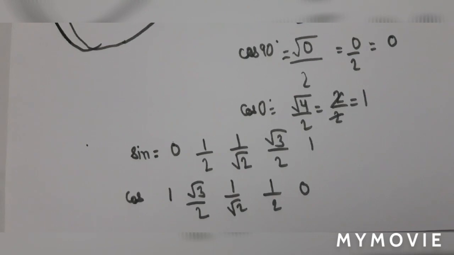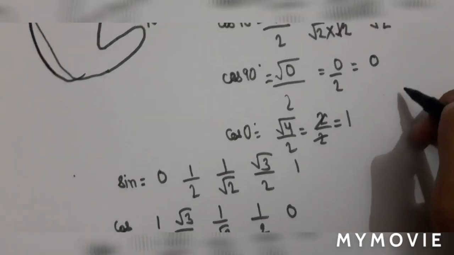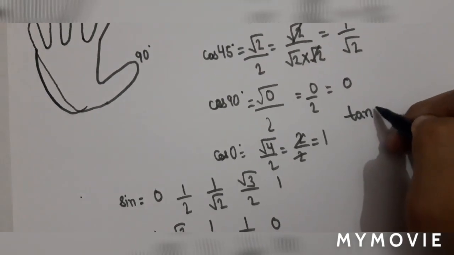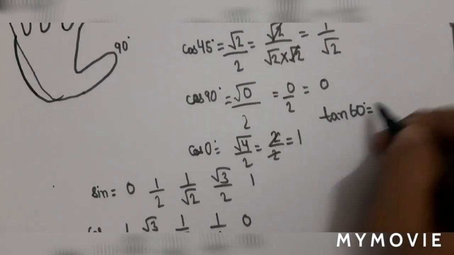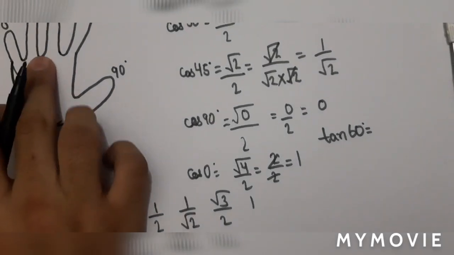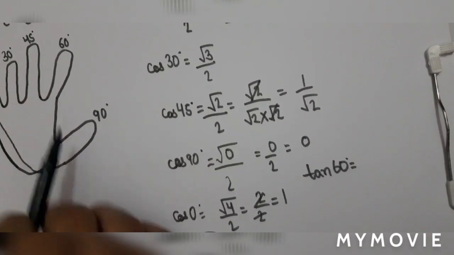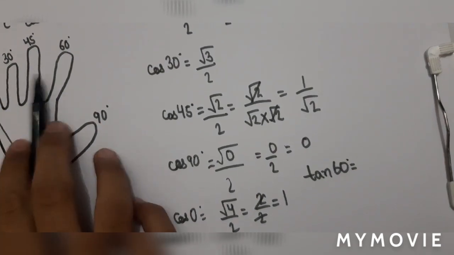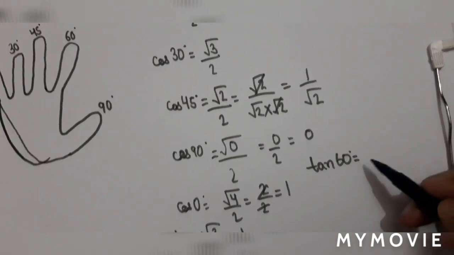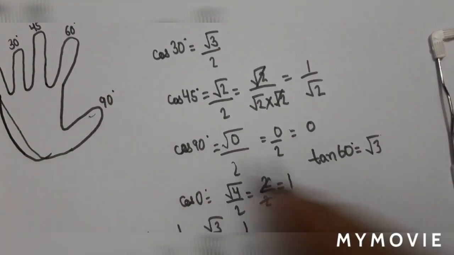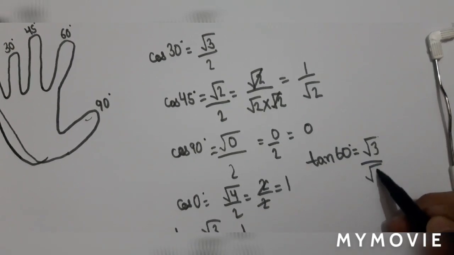So friends, let's find out our tan values. Let's find out tan 60 value. So for tan 60 value, now see here once, now this is 60. So how many are remaining this side? 3 are remaining. So you can write root 3. And how many are remaining here? 1 is remaining. And you should write root 1.